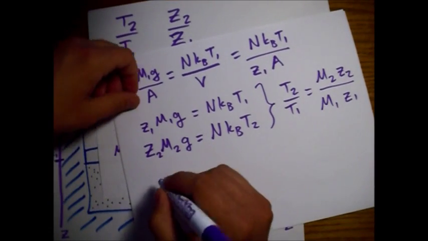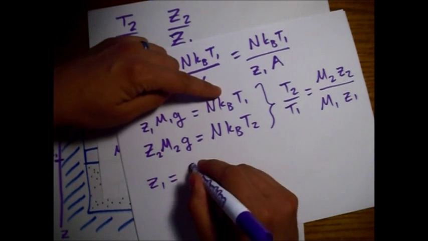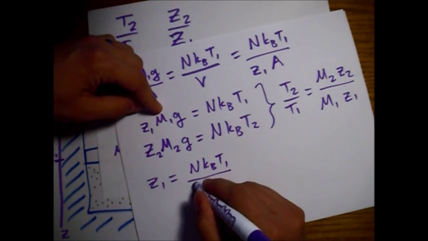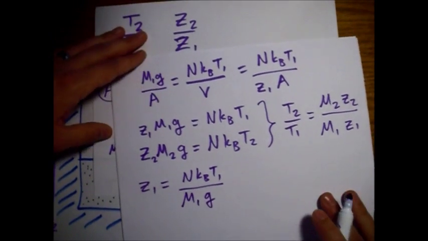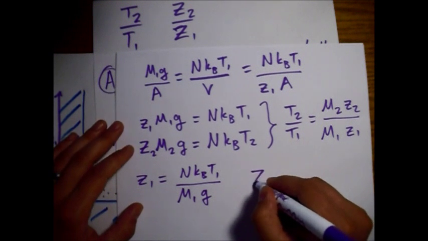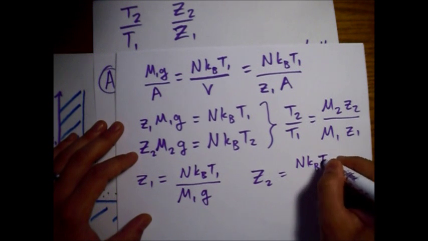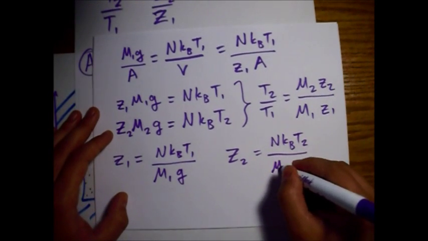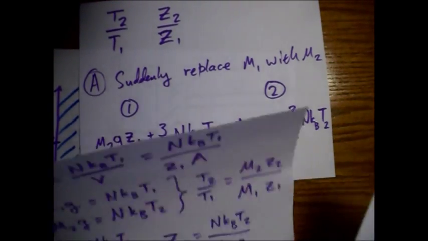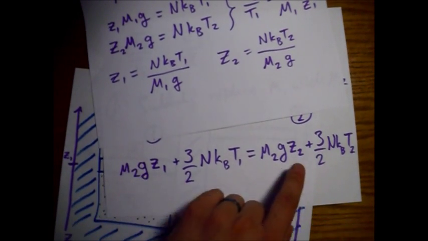Z1 is equal to N kBT1 divided by M1G, and using this equation, we can just replace the 1 with a 2: T2 this time, and an M2G. Let's put these into this equation so we get rid of our Z's.